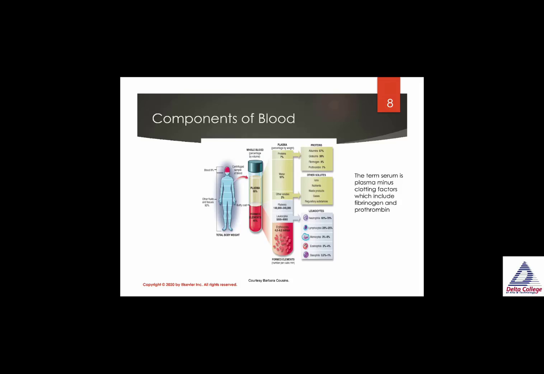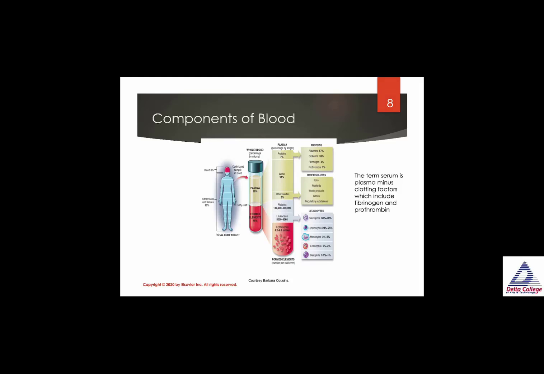So here is that figure 12-1. If you notice in the middle of the blood here in the tube, the plasma is that yellow top layer, followed by the buffy coat. Buffy coat has platelets and leukocytes in it. And then the red is the formed elements, which is erythrocytes.